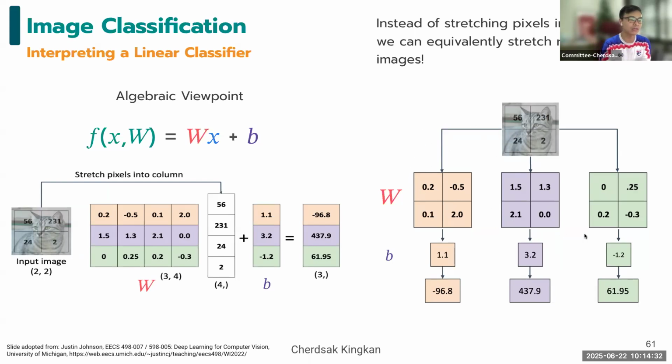Then we perform a matrix multiplication between these two and add the bias term separately. Instead of one matrix W, we have three of them here. We multiply with the image and come up with the score for each class over here.